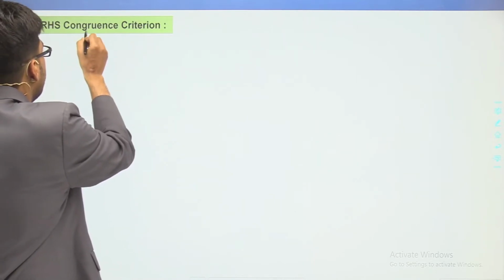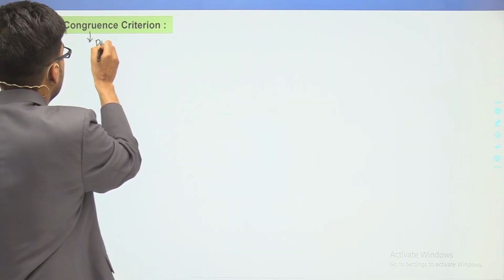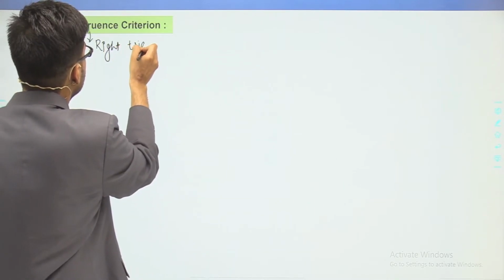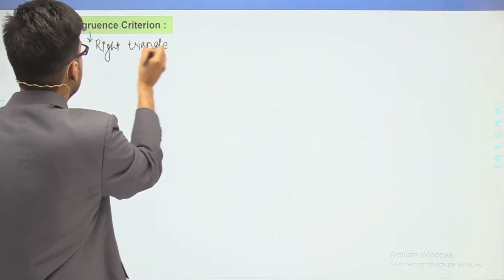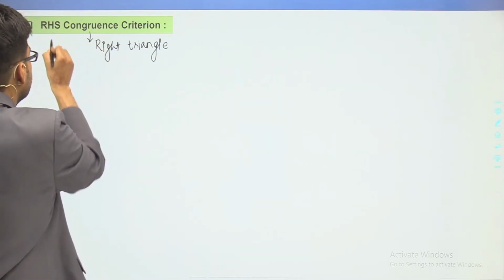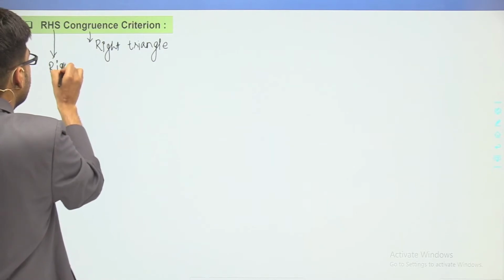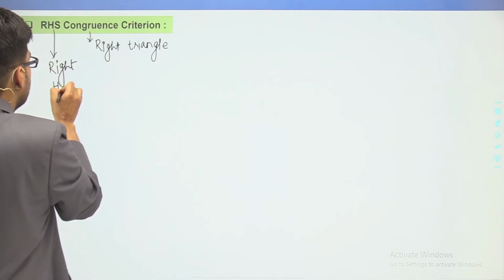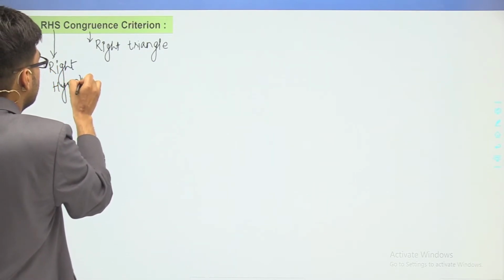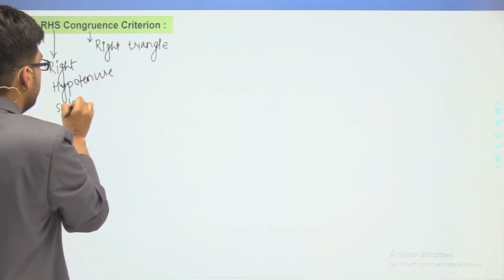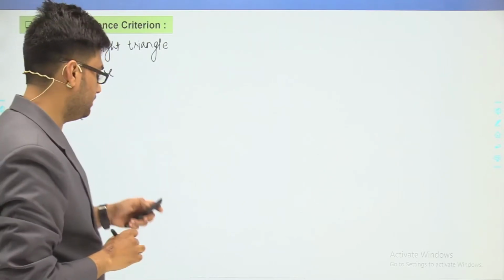RHS congruency criteria is applicable in the right triangle only, because here we use right angle, hypotenuse and side. So this is applicable only in right triangles.